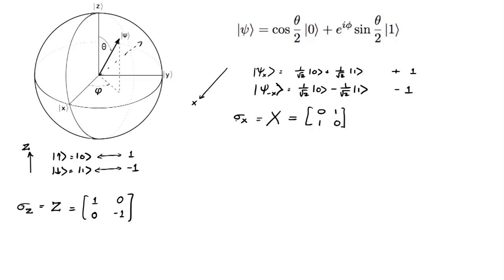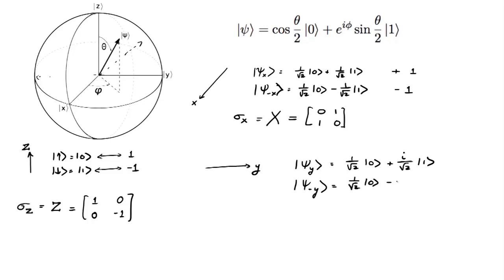We can do the same thing with y. So now let's say we turn our apparatus in the y direction, and we ask what's the observable corresponding to this? So again, psi sub y. This state corresponds to 1 over square root 2, |0> plus i over square root 2, |1>. And the corresponding antipodal state is psi sub -y, which is 1 over square root 2, |0> minus i over square root 2, |1>.